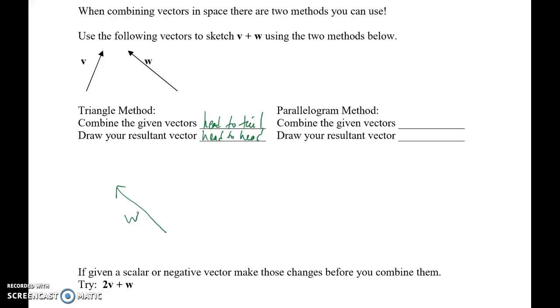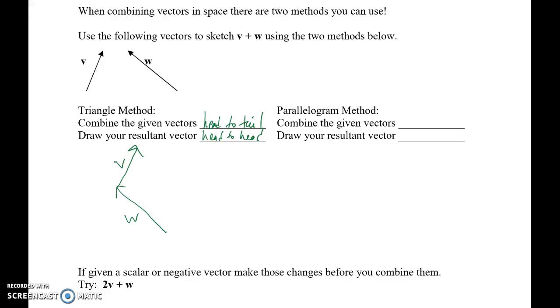I need to connect them head to tail. In other words, I don't want to put V right here, because then their initial points would be stuck together. I need it head to tail. So I'm going to go to the arrowhead of this one, then draw V. That's connecting something head to tail.